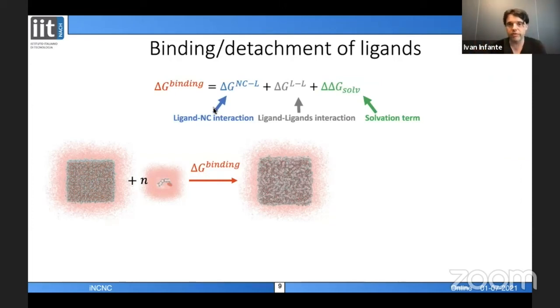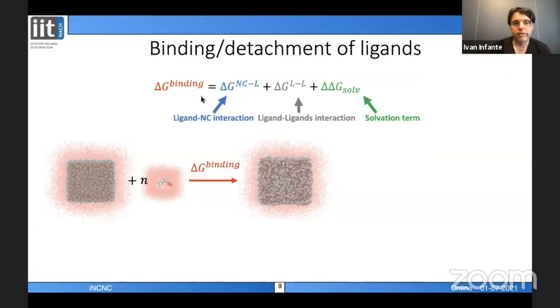We consider infinite dilution, so one nanocrystal in the media. This is also done for the purpose of having a picture in terms of interactions that is more intuitive, and also because if we do calculations, we have to do this decomposition.